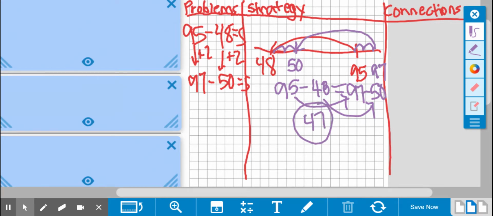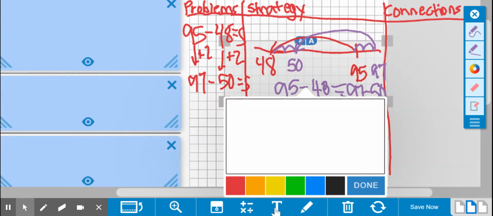All right. So let's see. We need to write in our connection. Here's your connection.